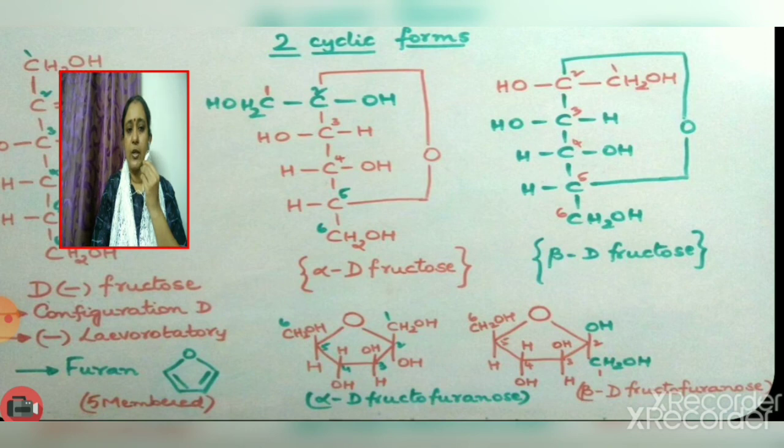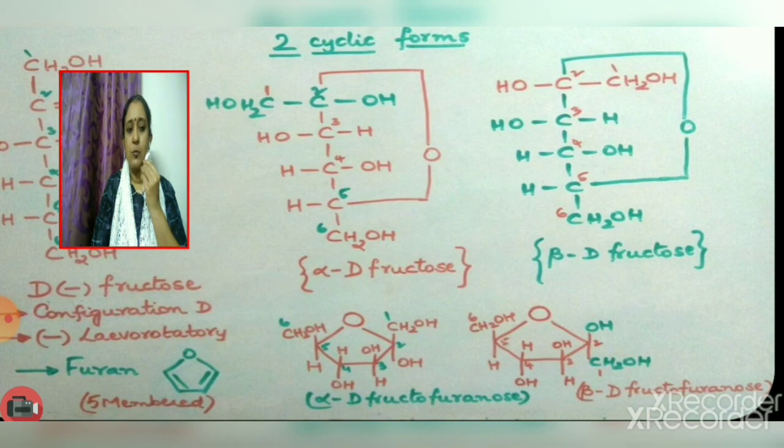It should be shown in such a way that OH is on the top and H is below the plane. The H and the OH groups with the 4th carbon are shown in such a way that H is on the top and OH is below the plane. Then consider the 5th carbon. We have H and CH2OH groups. These are shown in such a way that CH2OH is shown on the top and H below the plane.